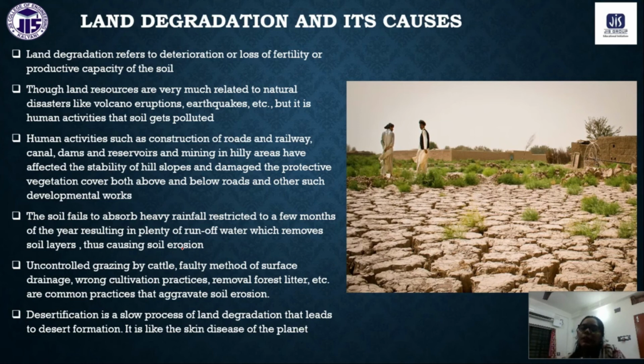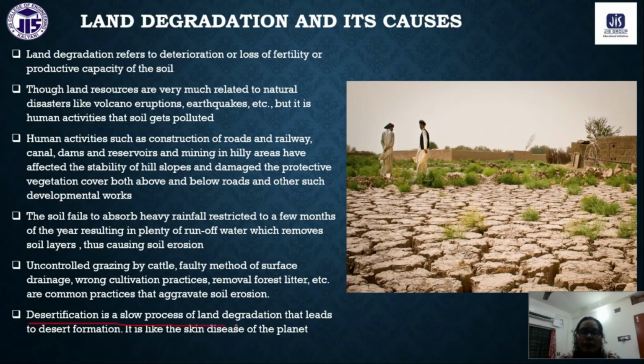Okay, next, land is getting polluted due to the mixing of chemicals, mixing of non-biodegradable materials like plastics. So these are some of the severe critical cases that we are facing in recent years.